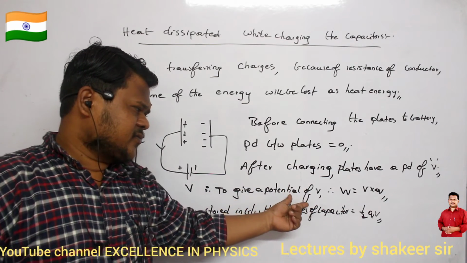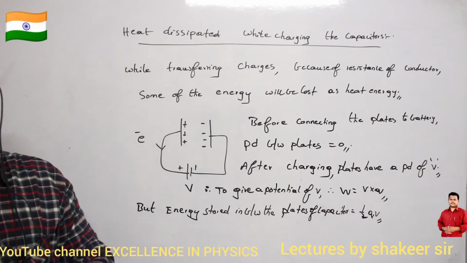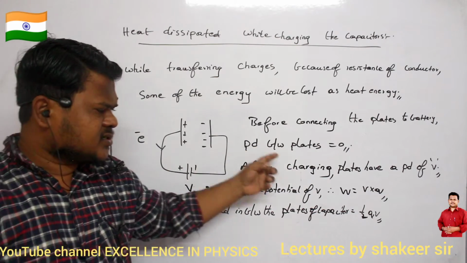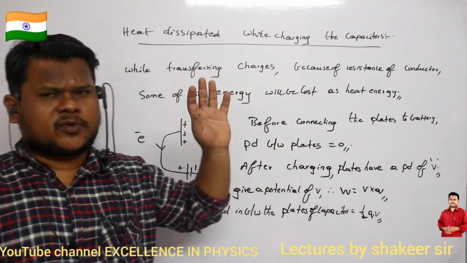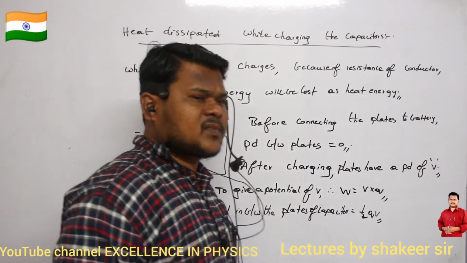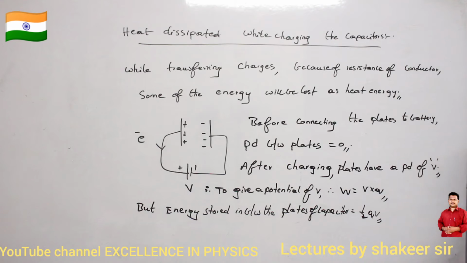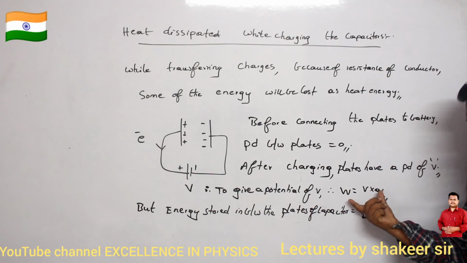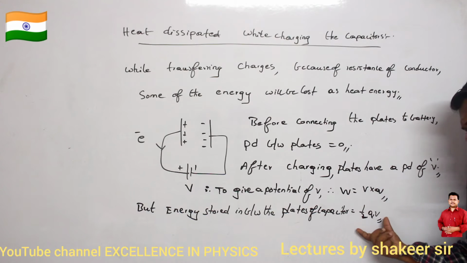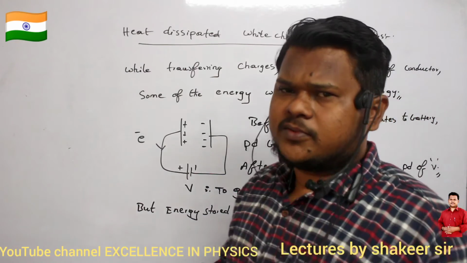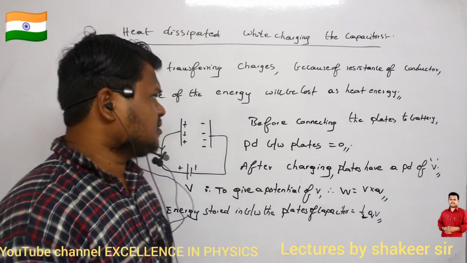To give a potential of V, I have to do work W equals V into Q. But how much energy is stored? Only half QV. Then what happened to the remaining energy? The battery has supplied this much energy, but the energy stored is only half QV. It means the remaining energy should have been converted into heat energy. That is our answer.